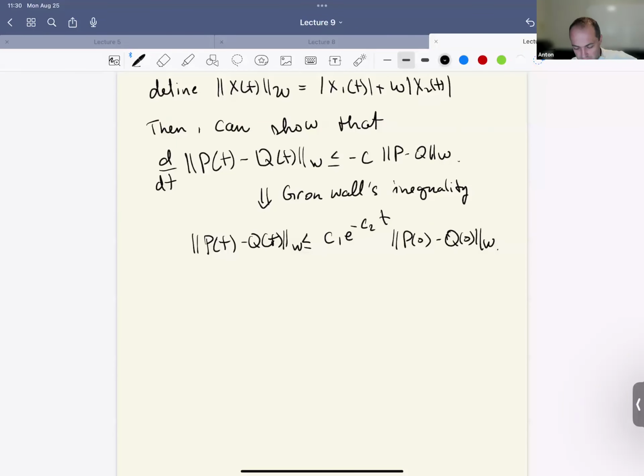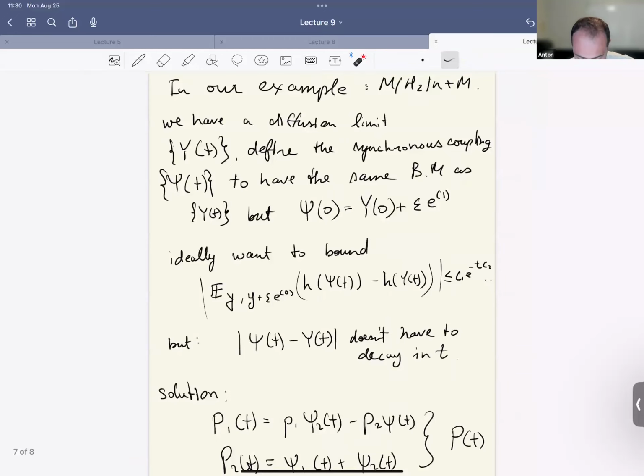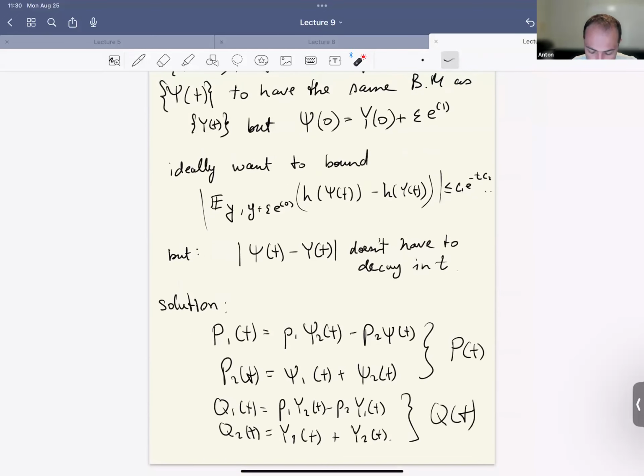So why am I showing you this? I'm showing it to you so that you can appreciate the level of difficulty here. It's not impossible, but so far this was restricted to a two-dimensional example, the H2 service time. If we generalize from two types of customers to any number of customers, then the dimensionality of the diffusion grows.